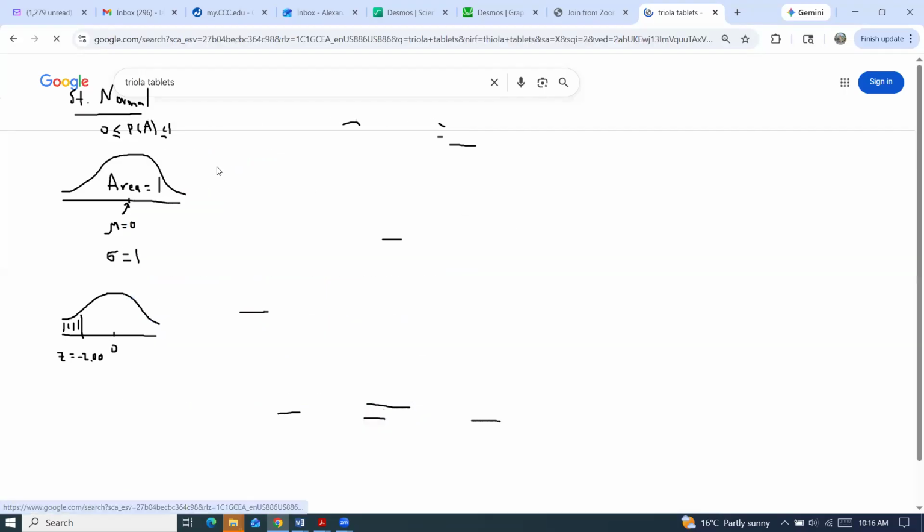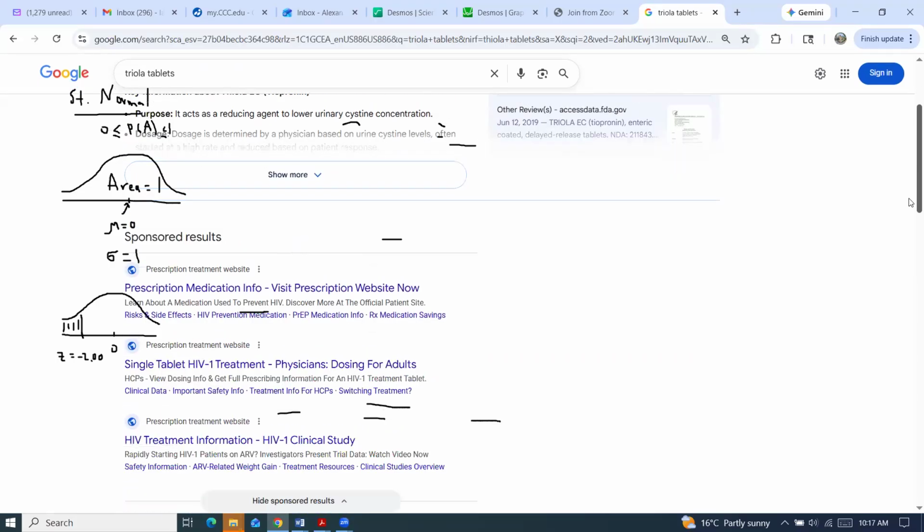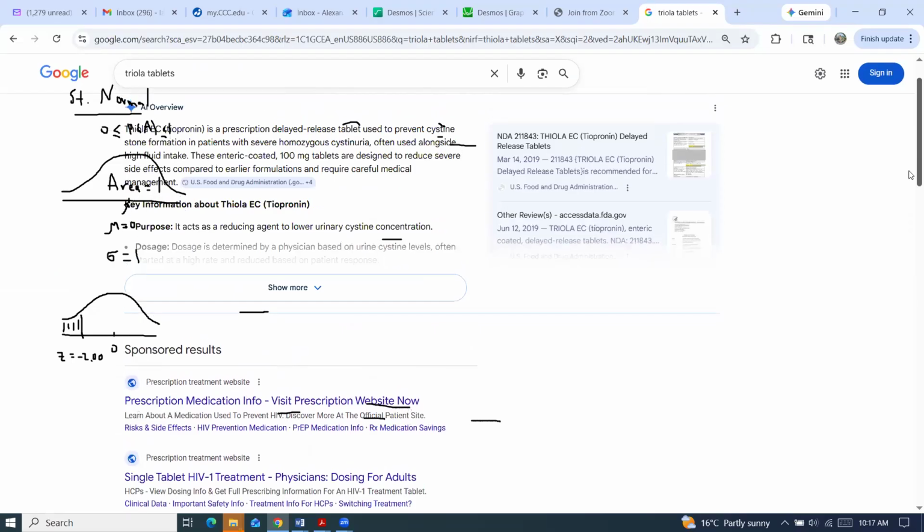Not sure why they put that. I need Triola's tables. I guess AI. See, AI has no brain. It's artificial, so it throws on you some stuff you don't even ask for. I'm not sure what this is.